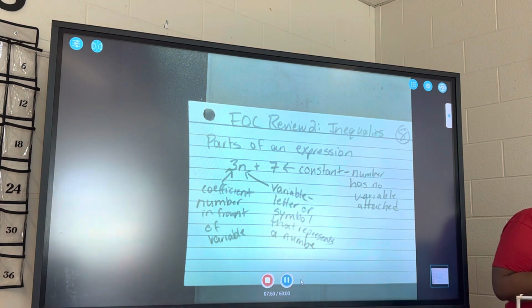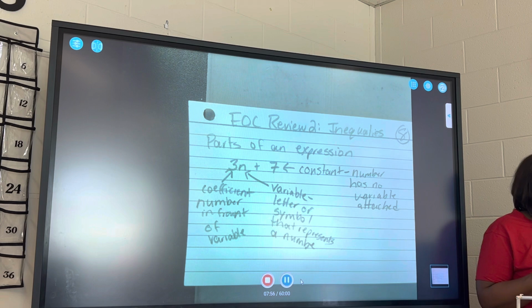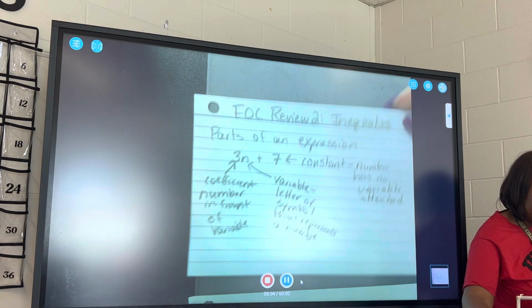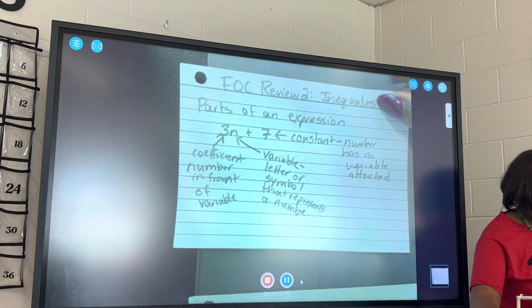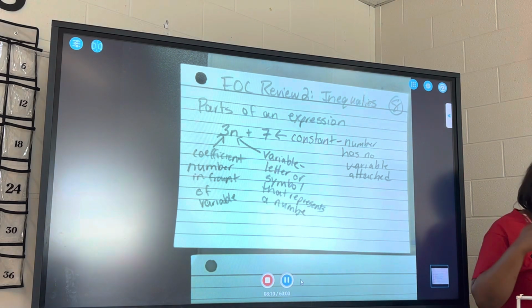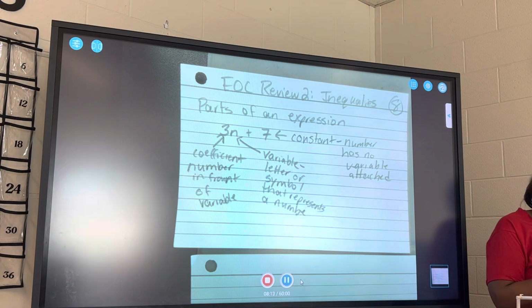Card number 9 is solving equations. This is still under inequalities, but we're going to deal with solving equations. At the top of that card, you should still have EOC Review 2, inequalities, but we're going to be dealing with solving equations.